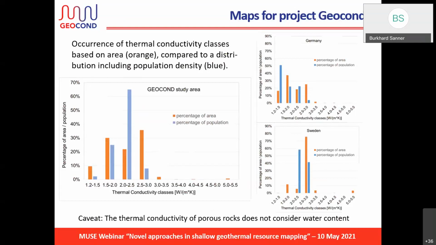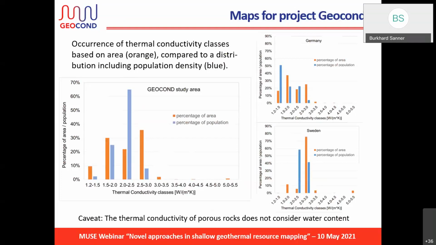So for the overall study area, the main ground conditions are somewhere in the 2 to 2.5 region. The 2.5 to 3 class in the area is in practice for the population quite small. And for the higher ones up here, 4.5 to 5, there is almost nothing. You can't even see the light blue parts here.